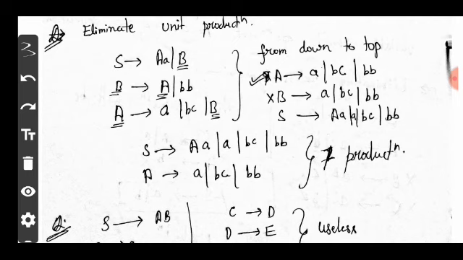B produce a, BC, BB. S produce a, BC, and BB.